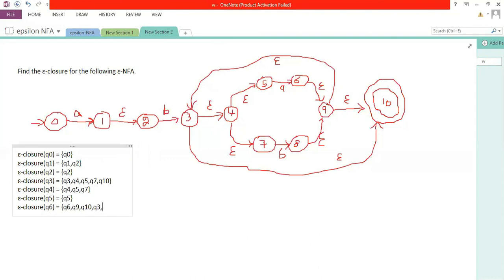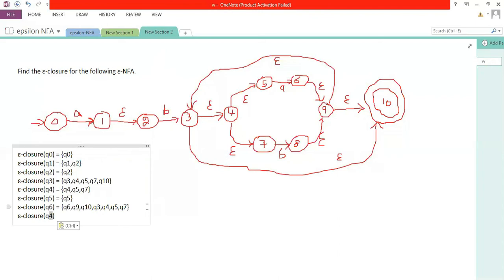Then again we can reach Q4, Q5, Q7. So for the state Q6, it is Q6, Q9, back to Q3, Q4, and then Q5, and then Q7, and Q10.